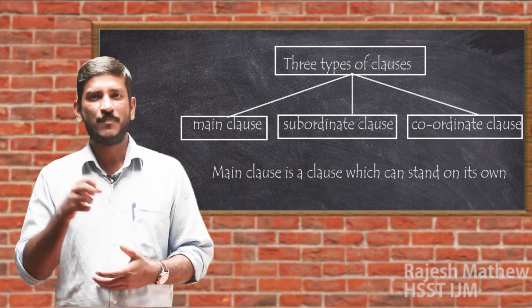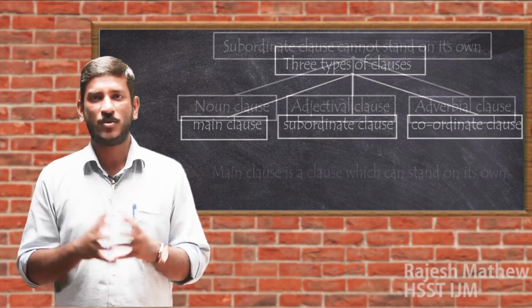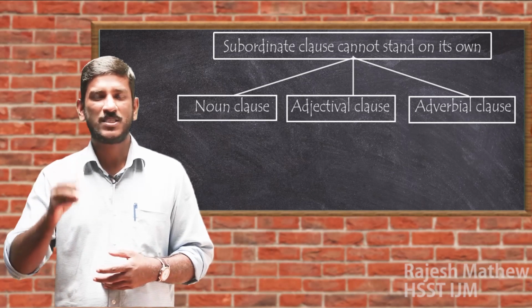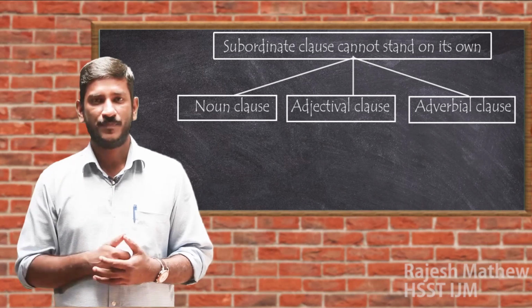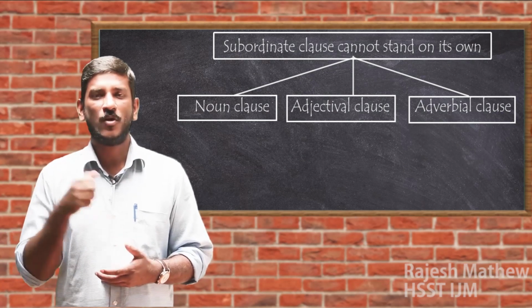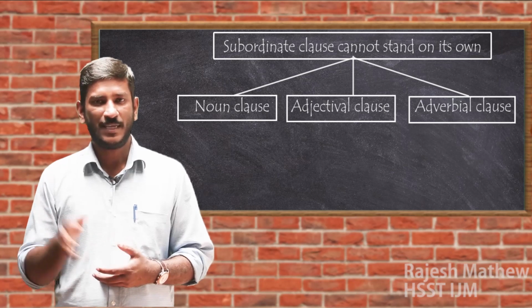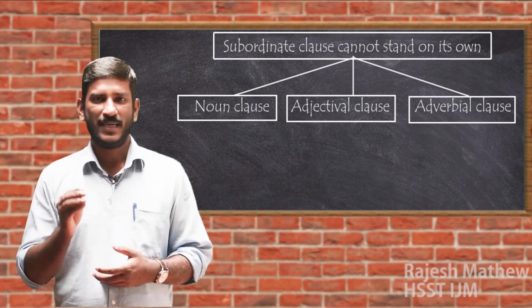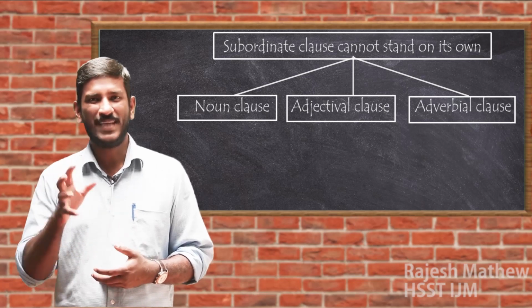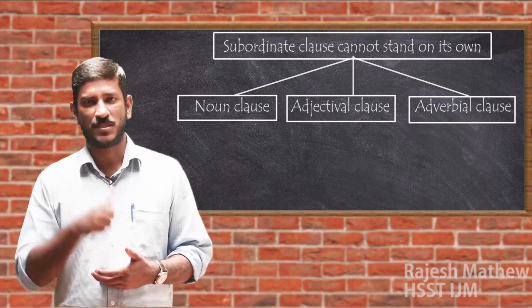The second type is subordinate clause. A subordinate clause cannot stand on its own, and that is why it is also known as dependent clause.